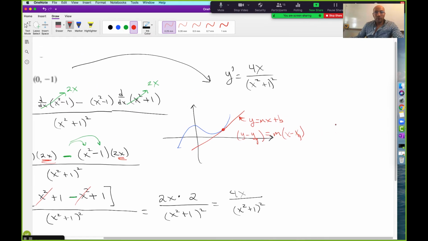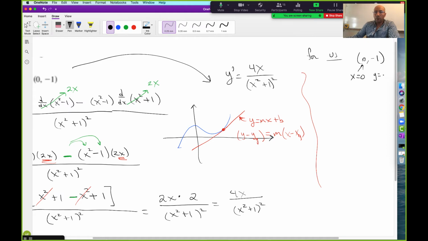Good. Okay, so let's go here. So for us, we have 0 comma negative 1. So therefore we have that x is 0 and y equals negative 1. So y prime at 0 is going to be equal to 4 times 0 over 0 squared plus 1 squared, which is equal to 0 over 0 plus 1 squared, which is just going to be equal to 0.